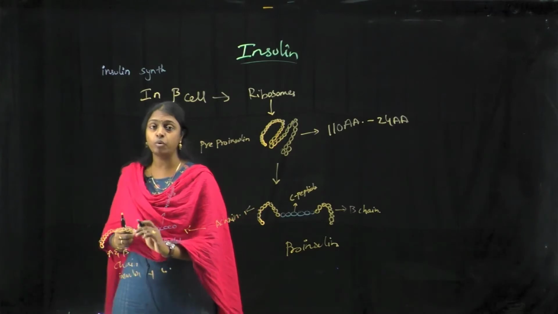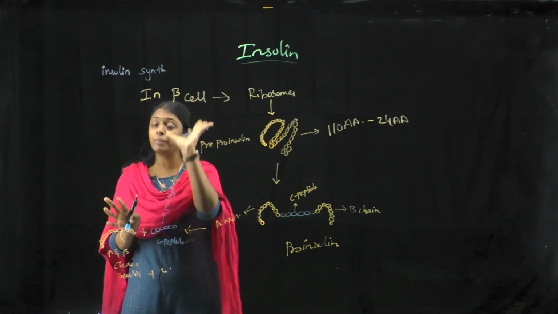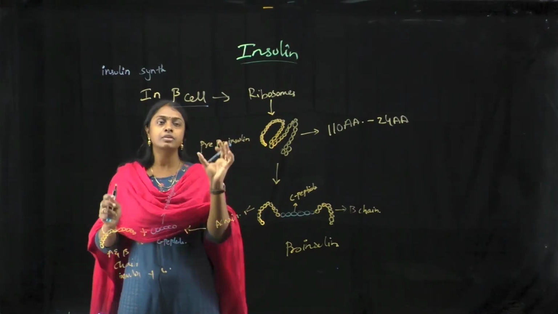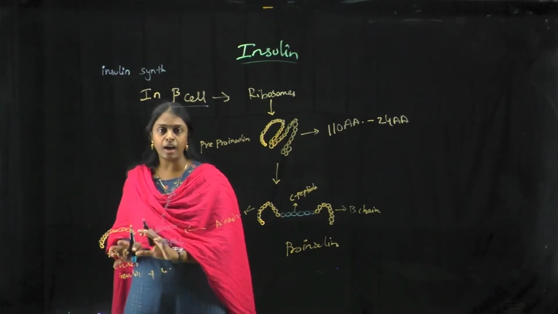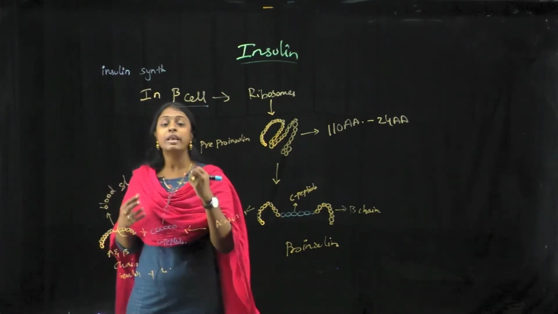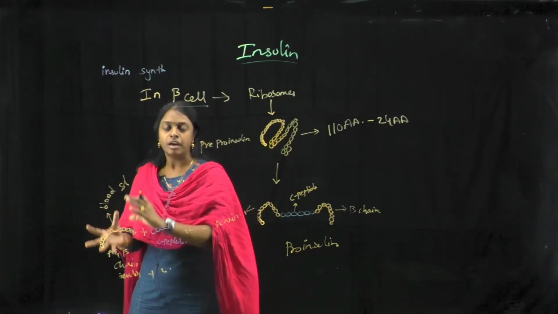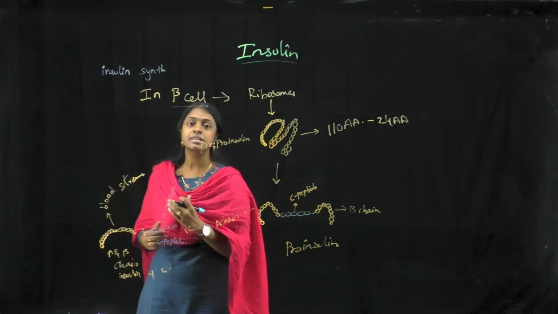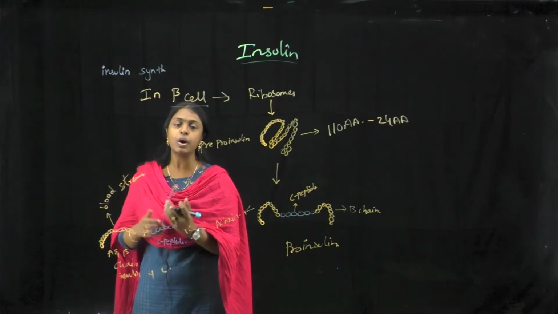Now we have only A and B. But the C peptide is still in the beta cell, so this is all happening in the beta cell. Whenever we need it, the beta cell will release insulin plus C peptide into our bloodstream. This is how insulin is synthesized and released into the bloodstream.